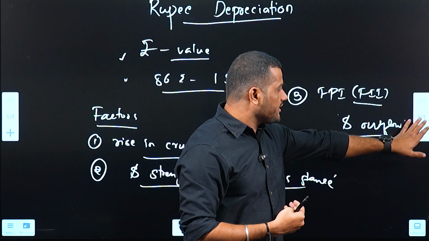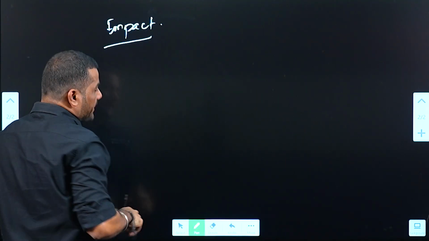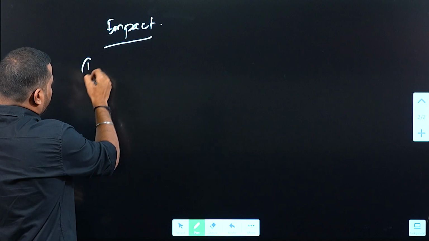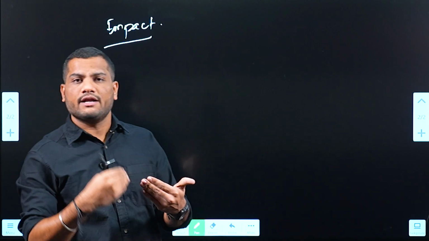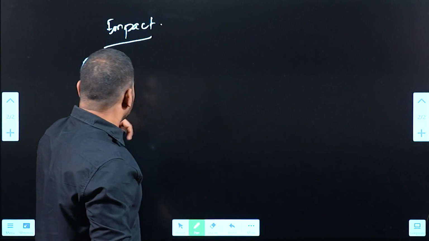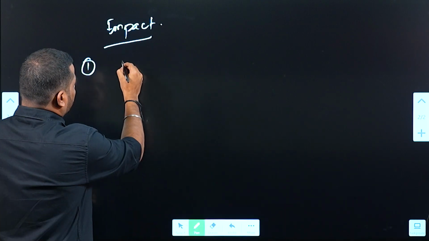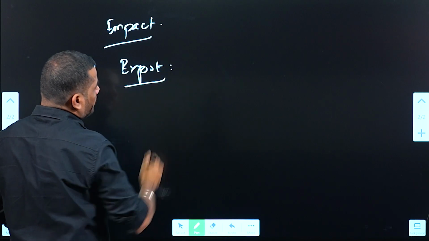But how does it affect the Indian market? Impact of the depreciation of the rupee on the Indian market especially. We'll first discuss the positive impact. The first is that it affects exports, meaning there will be growth in Indian exports. Why?